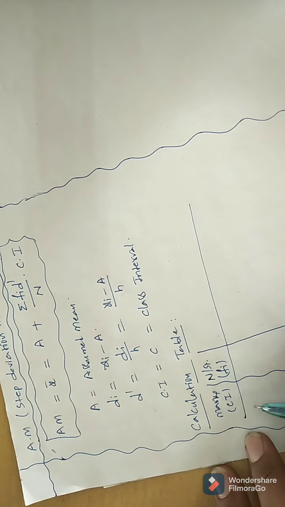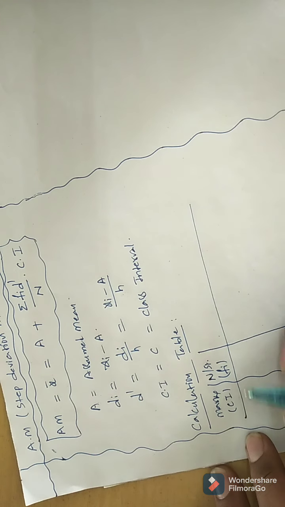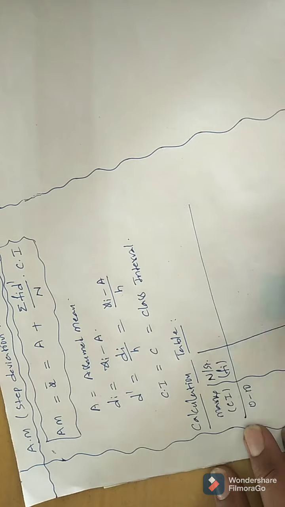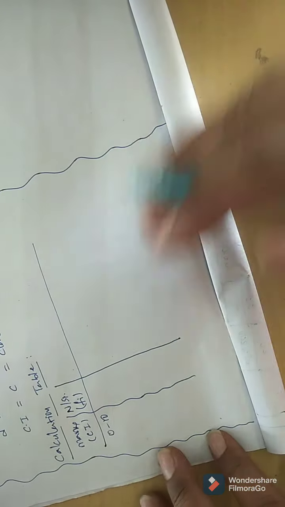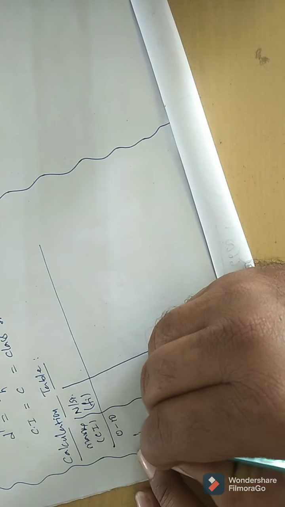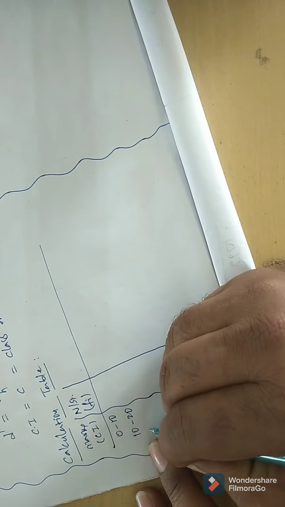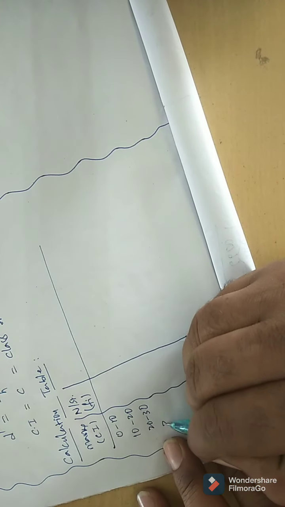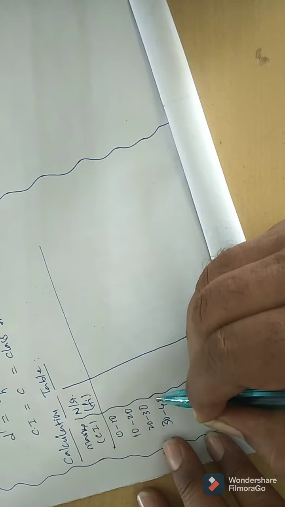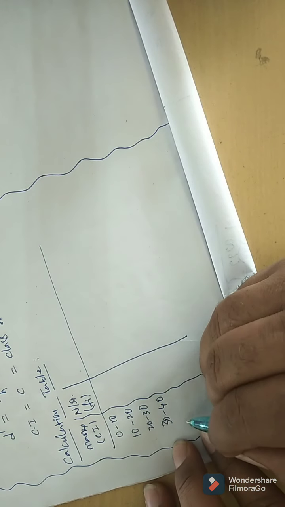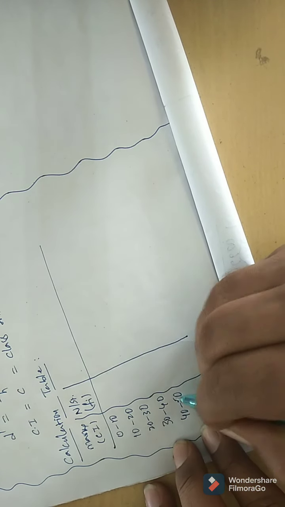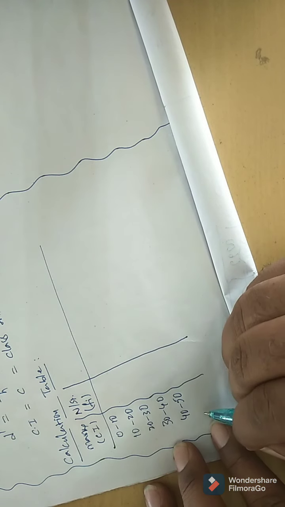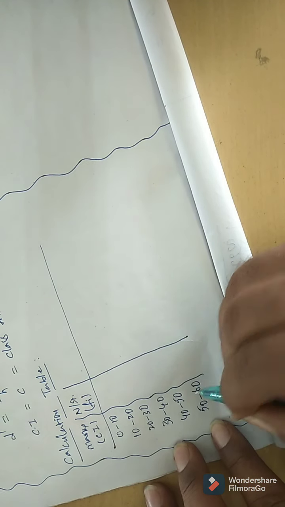So what are the class intervals? 0 to 10, 10 to 20, 20 to 30, 30 to 40, 40 to 50, 50 to 60.